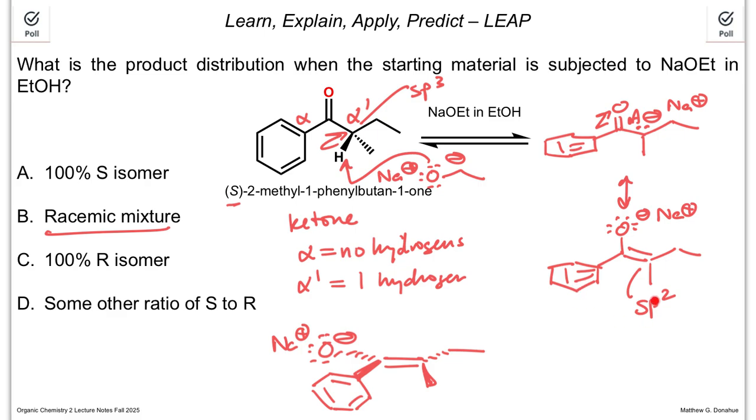We have the phenyl ring and the methyl group coming out towards us. The O- and the ethyl group going away. So now we're looking more flat.